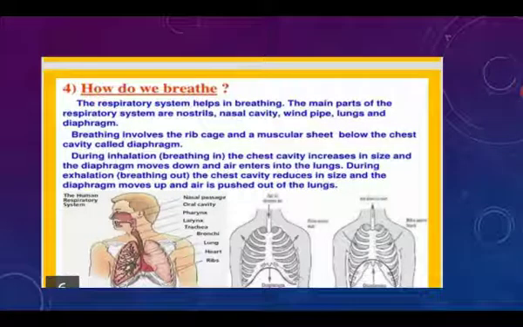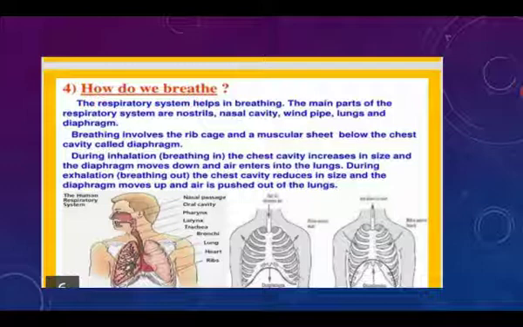Now I am going to explain how we breathe. Students, you know that breathing contains two phenomena or two functions, inhalation and exhalation. In inhalation, oxygen-rich air enters into the lungs, and in exhalation, carbon dioxide-rich air goes out from the body.